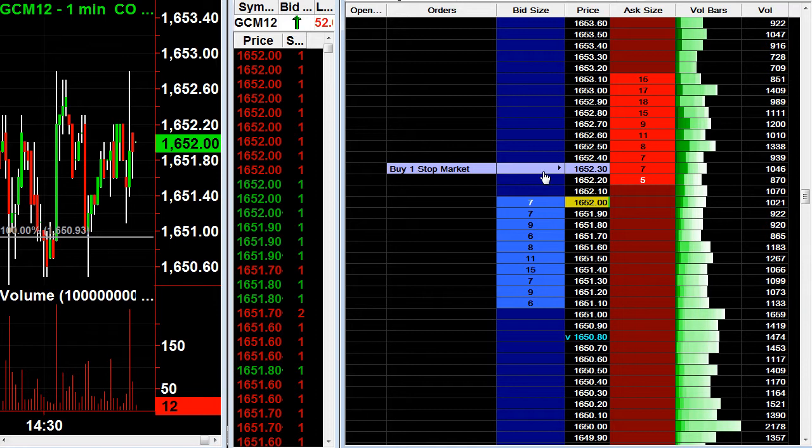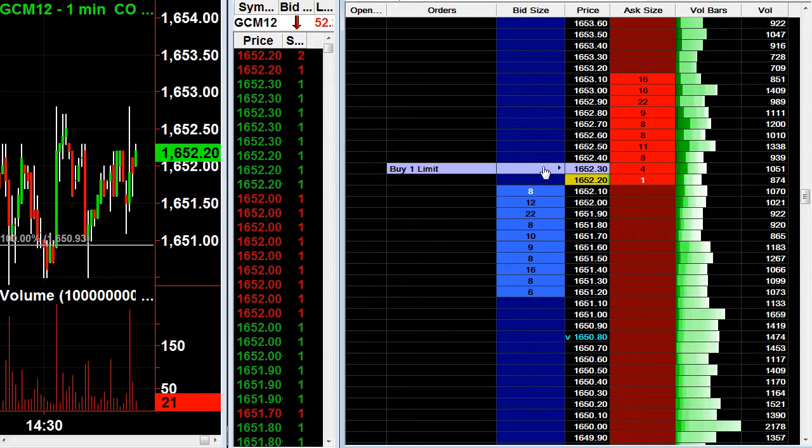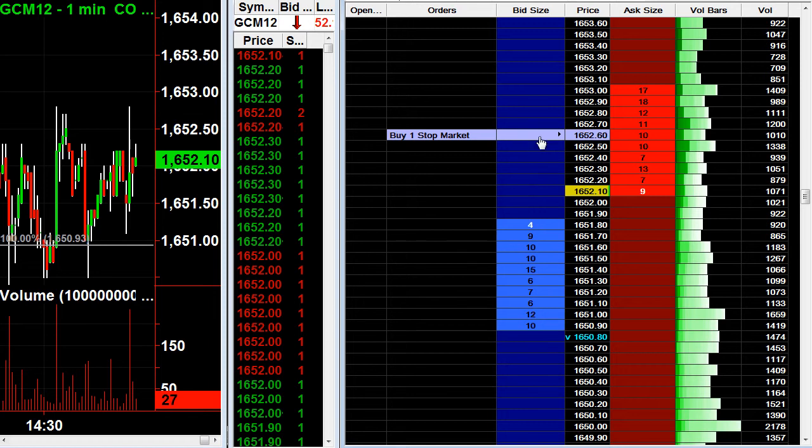So if the price action goes above 1652, you could do a buy stop. Now 1652.30, that's a limit order at the most recent market price. And anything above the most recent price action plus 1 or 2 will give you a buy stop. All right, so it's going to stop you in. If price action hits 1652.60, it'll turn into a market order.